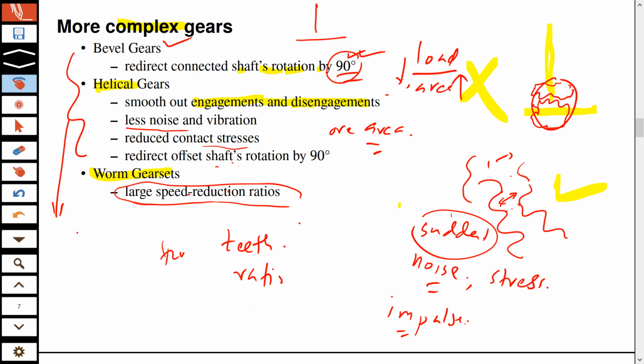So if you have just one tooth actually going like a spiral, and on the other side you have many teeth, you get large ratios, okay?